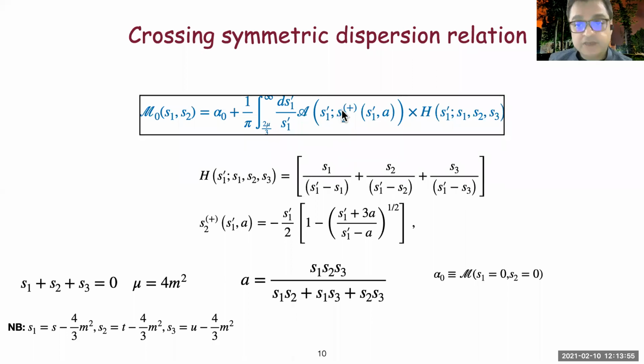The important thing is, what is the analog of T? So this is what S2 plus is. S2 plus takes on a somewhat funny looking expression here. It depends on the integration variable, but in particular, it also depends on the crossing symmetric combination A, which is a ratio of S1, S2, S3, the cubic crossing symmetric combination divided by the quadratic crossing symmetric combination.